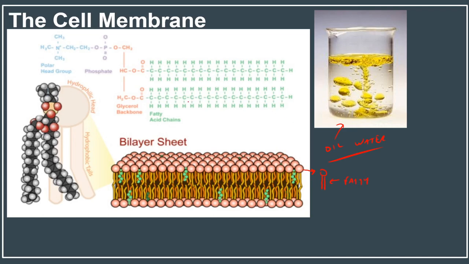And they contain big chains, that part of the molecule is just carbons and hydrogens sticking off. And they are not the kind of atoms or atomic arrangements that like to interact with water.